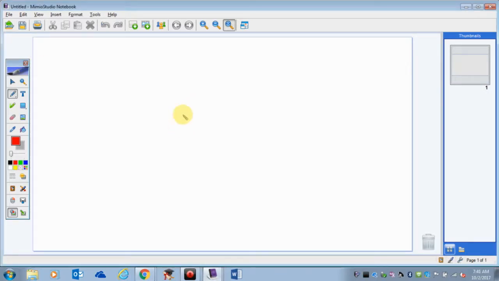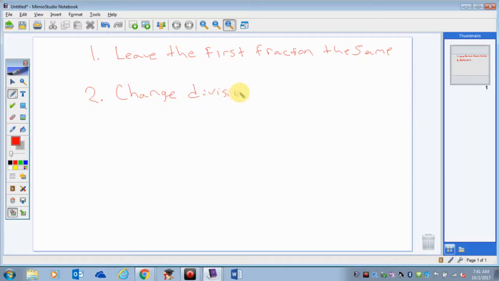So on your desk, I want you to write these things. Leave the first fraction the same. Second step is going to be to change the division sign to multiplication.